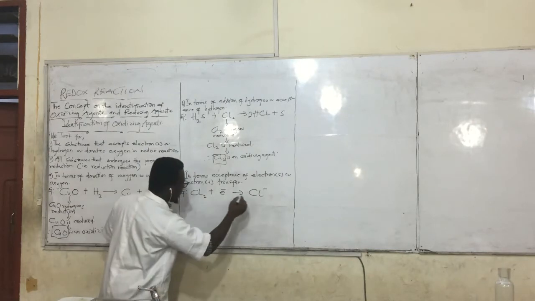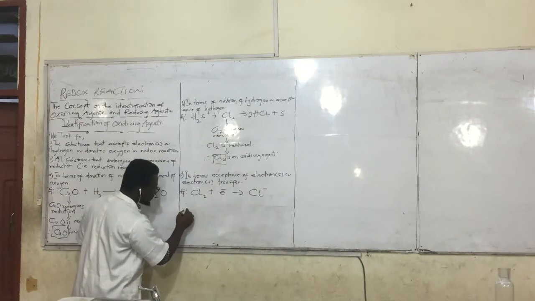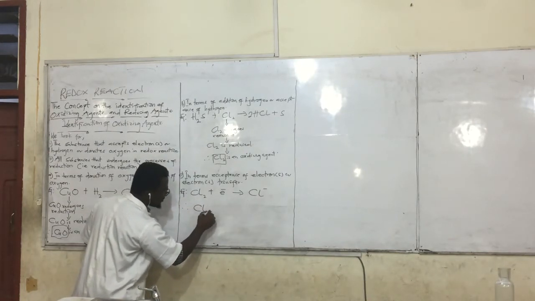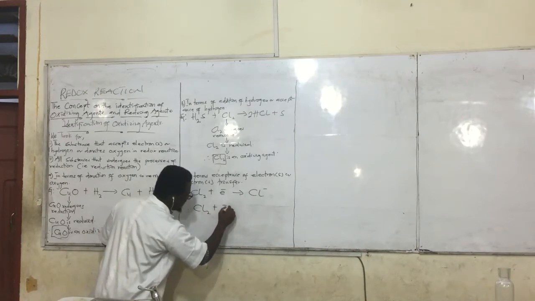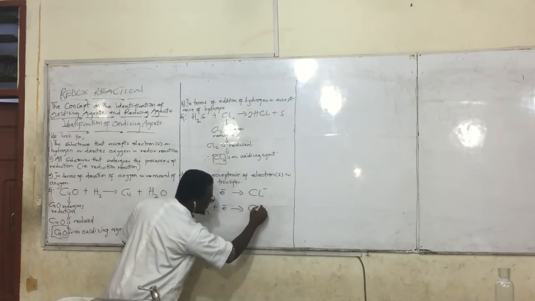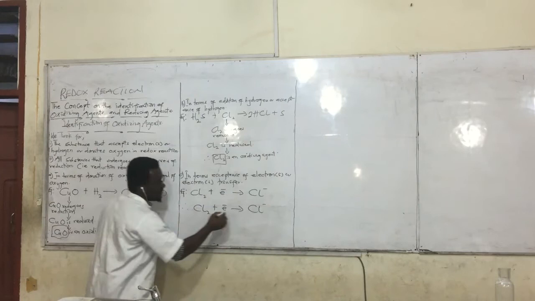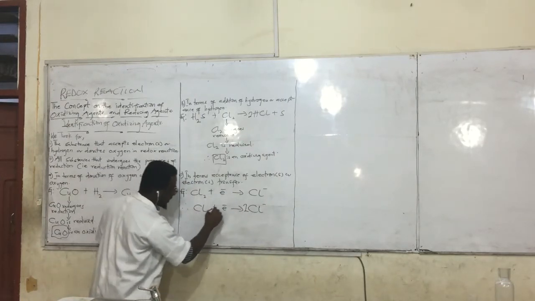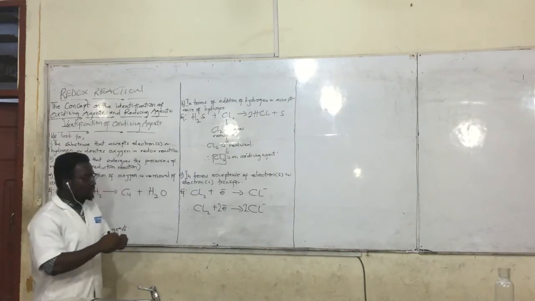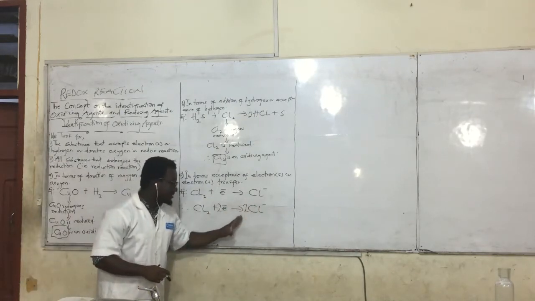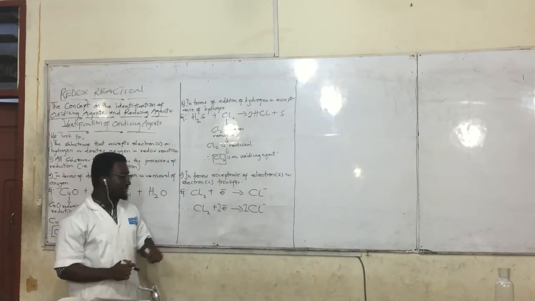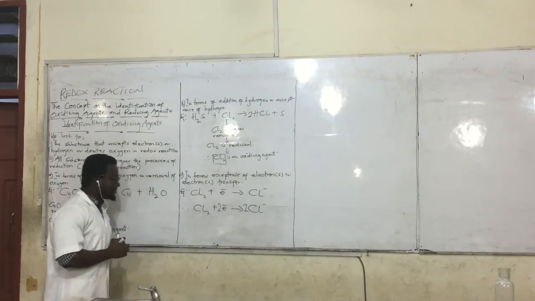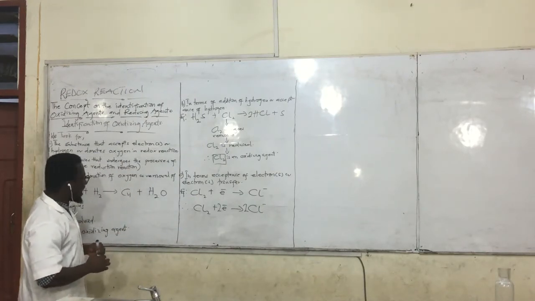So for me to balance, therefore we know Cl2 plus e produce Cl minus, and in balancing I'll have to put 2 over here because you have 2 molecules of chlorine, and then I'll put 2 over here so that the charges will be balanced and the number of electrons also will be balanced alongside. So we have that.